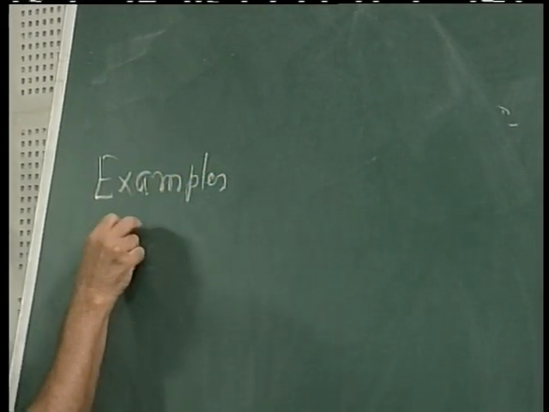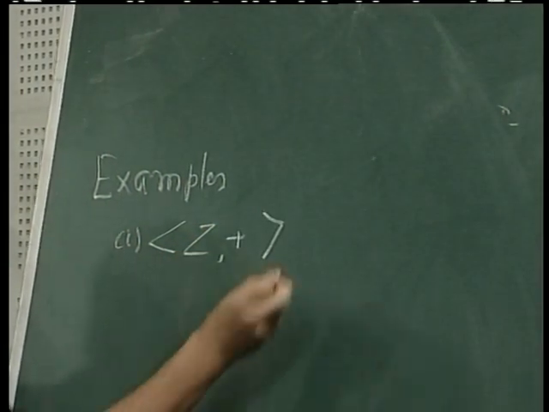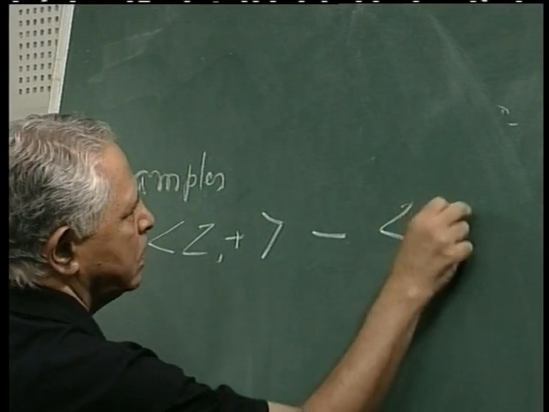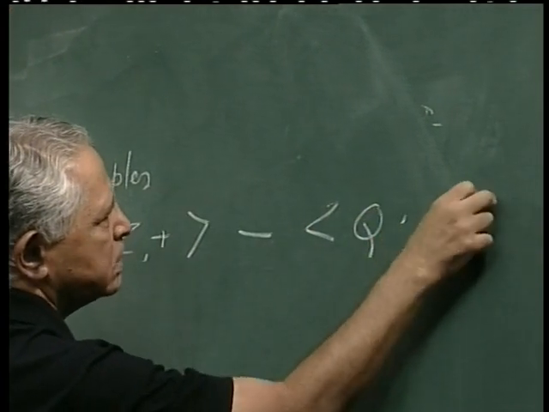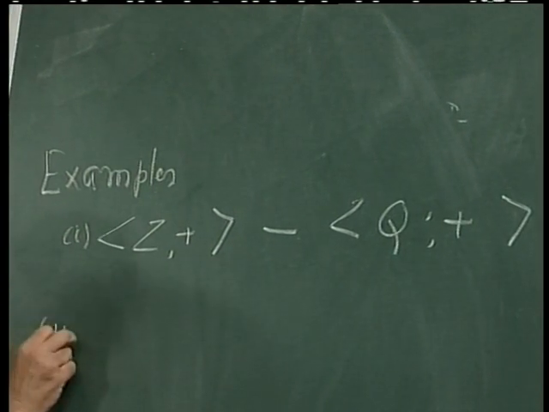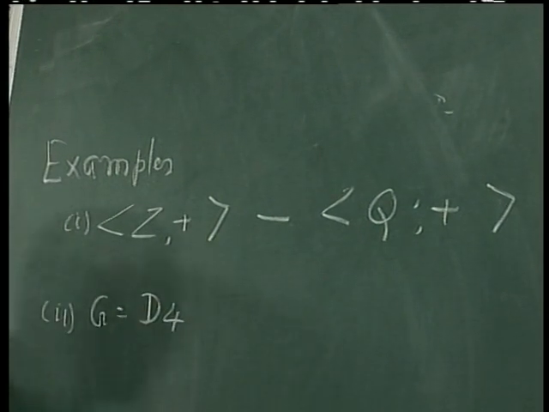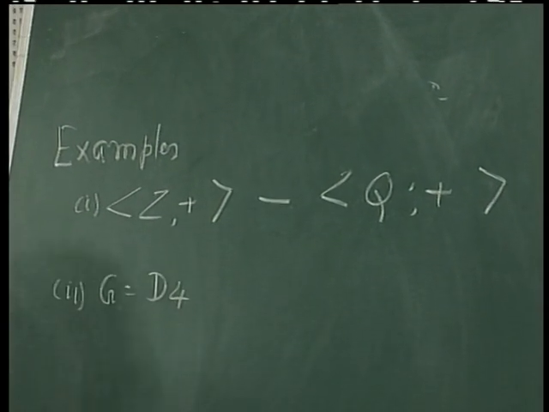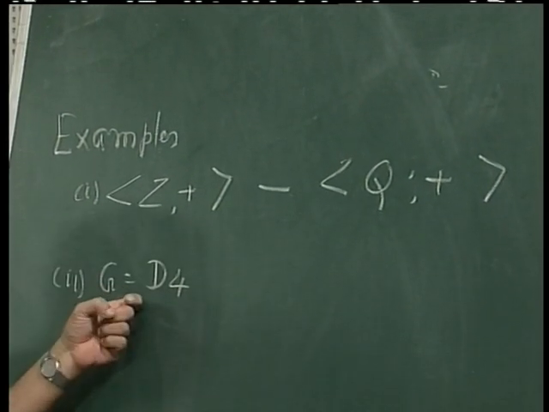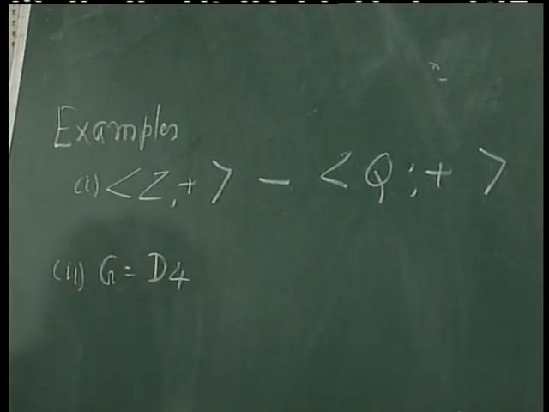The first example is that the set of integers under addition is a subgroup of the group of rational numbers under addition. Second, let us consider G equal to D4. Last time we have studied the group D4, the dihedral group 4, the group of the symmetries of a square.